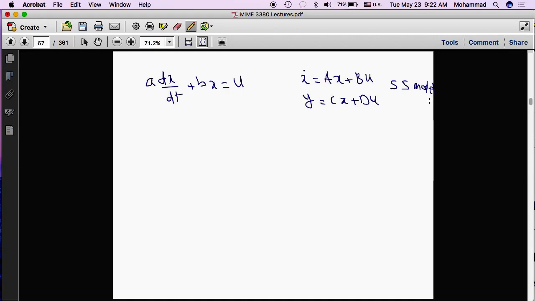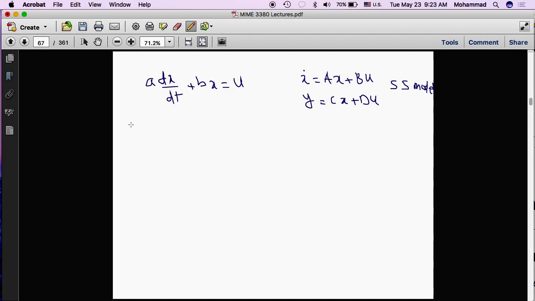State space model. Of course, not to be mistaken with steady state. This is state space. Okay, so it's fairly straightforward. What we need to do simply is to keep x dot on one side and push everything to the other side.